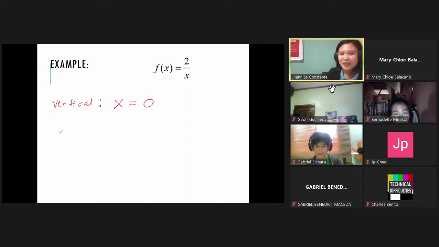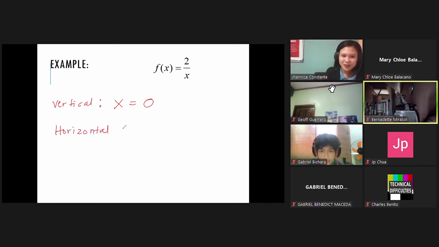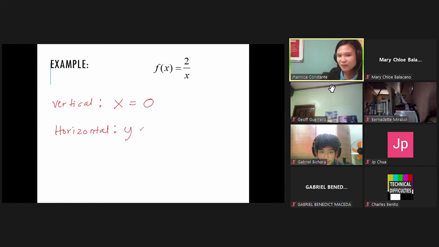What about our horizontal asymptote? 0. So our horizontal asymptote is also 0 because we don't have a variable at our numerator to find the horizontal asymptote for our function.